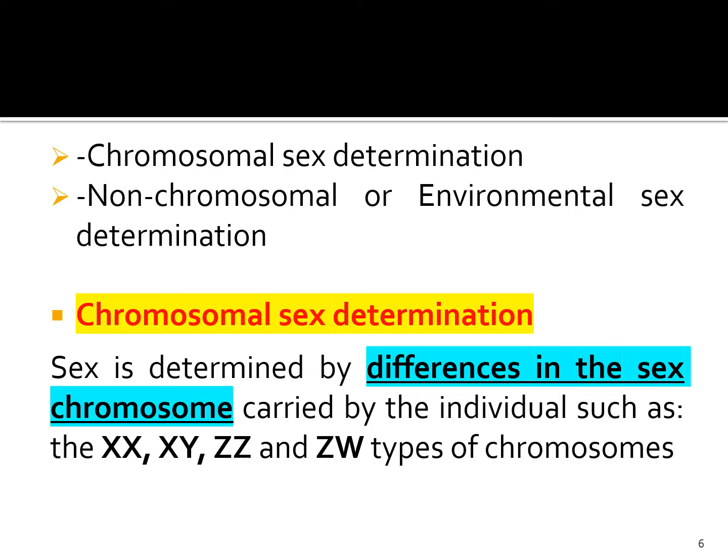Here, sex is determined by differences in the sex chromosomes carried by an individual. So when an individual is XX, it's one sex. XY is a different sex, as in mammals. ZZ is one sex and ZW is a different sex, because the animals are carrying these chromosomes.